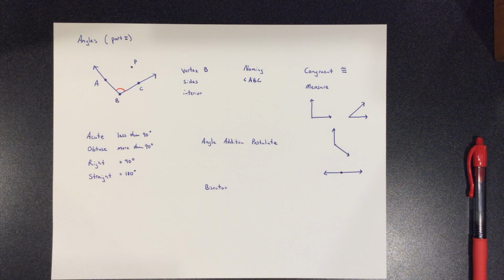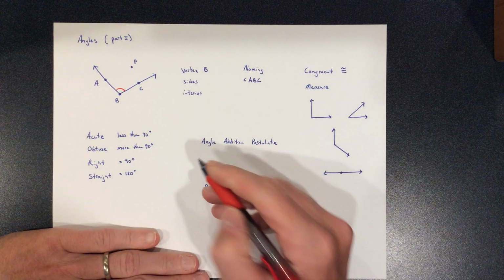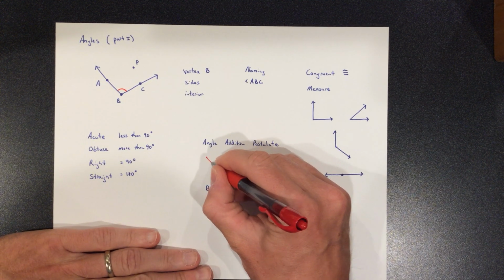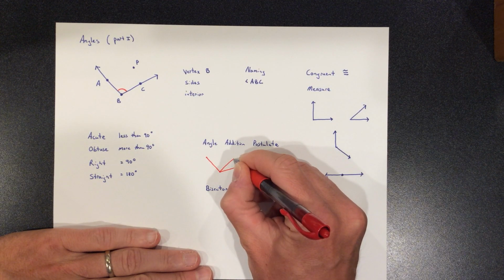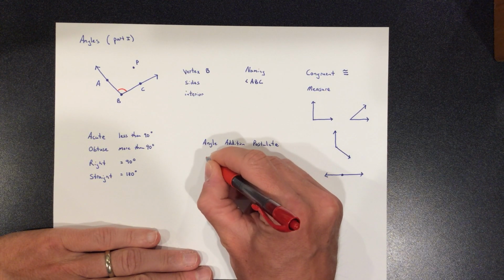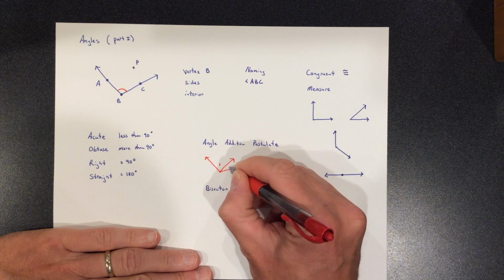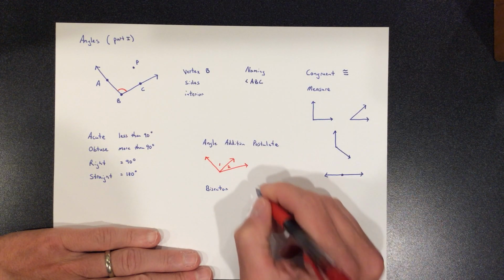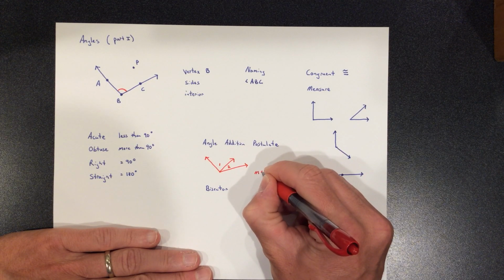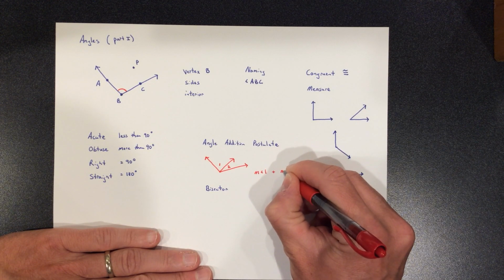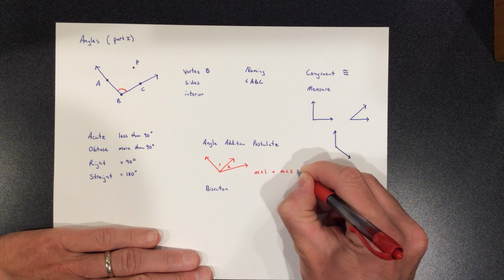All right, the angle addition postulate. Don't want to overcomplicate the world. So let's say we have something like this. We have angle 1 and angle 2. What do you think if you take the measure of angle 1 plus the measure of angle 2? What would it equal?